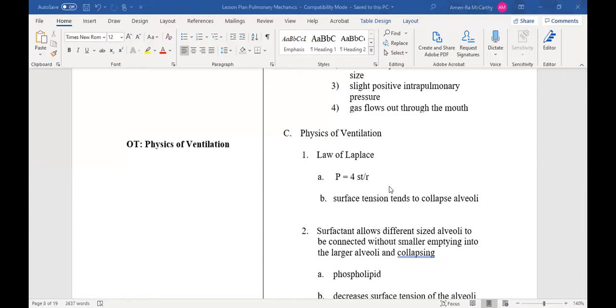All right, so here's the first law. The law of Laplace.